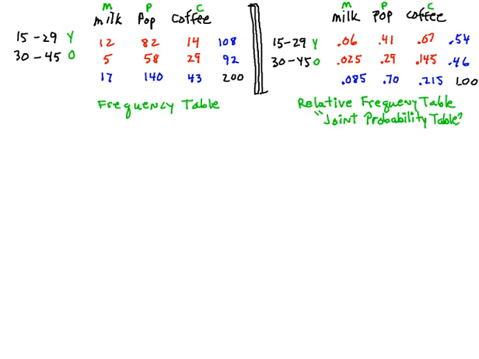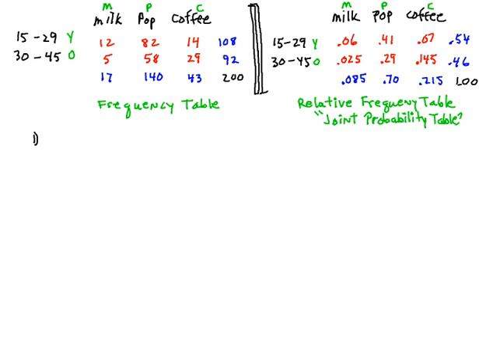Now, let's go to part 1 and look at the 7 questions there. Number 1, it says, what is the probability that a person will prefer milk and is in the younger age group? In other words, 2 events are true about this person. You can think of this as one of the 200 people randomly chosen.